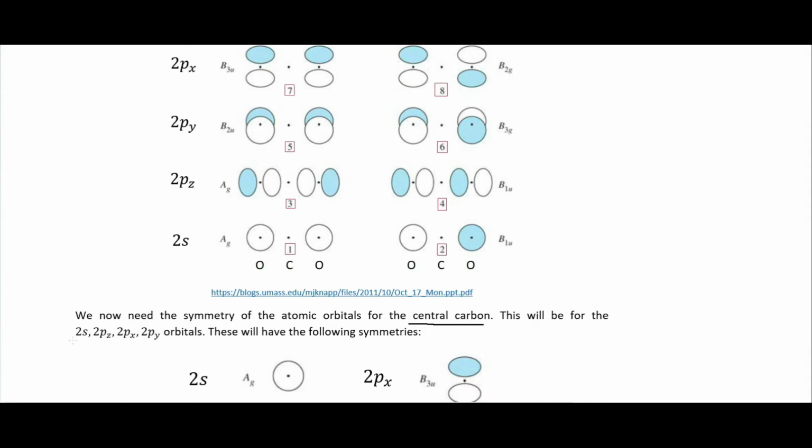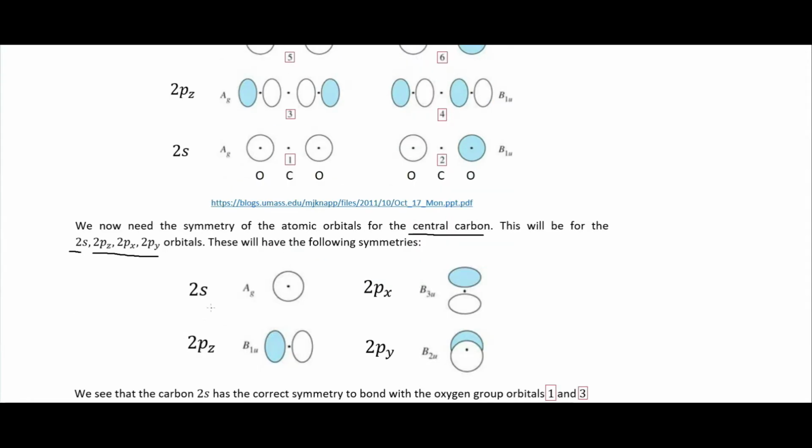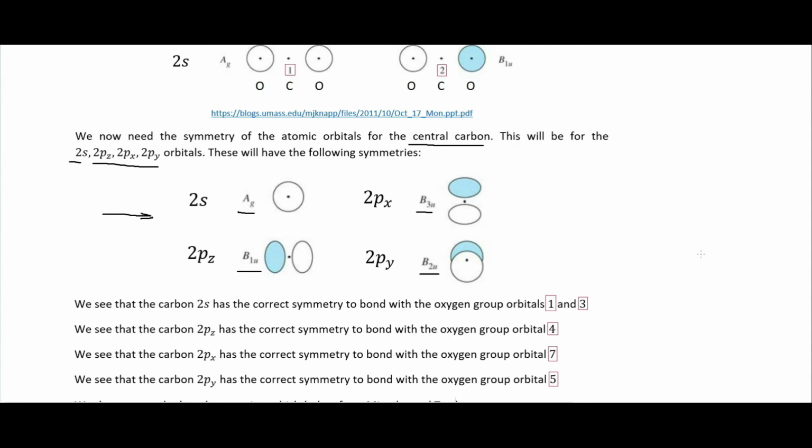Now we have the 2s, but we also have these 2pz, 2px, and 2py. These will have the following symmetries: the 2s has the Ag, the 2px has the B3u, the 2pz has the B1u, and the 2py has the B2u. And so we want to look at which of these for the central carbon match up with these group orbital symmetries from the 2 flanking oxygens.